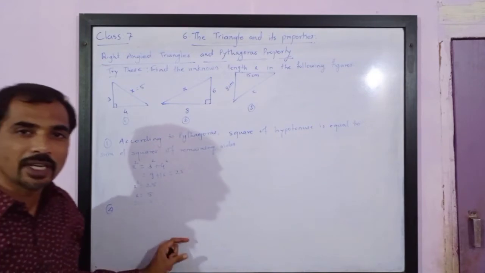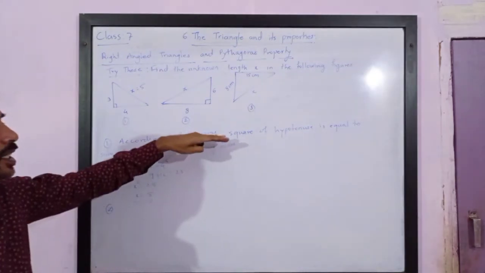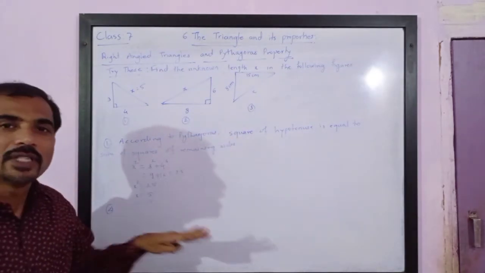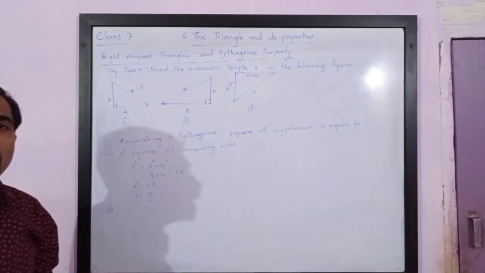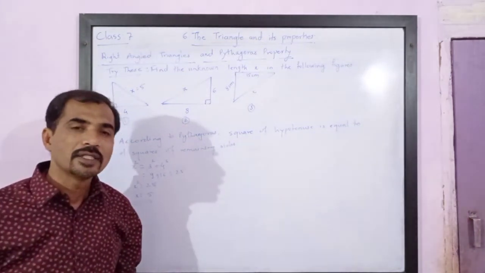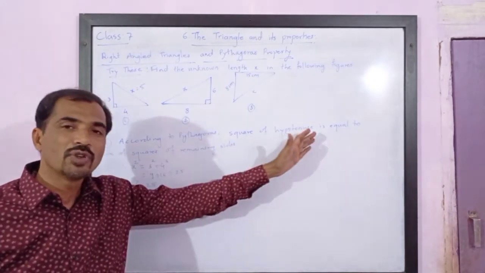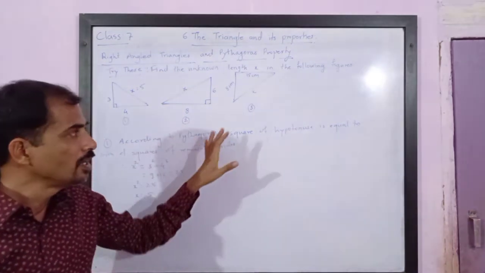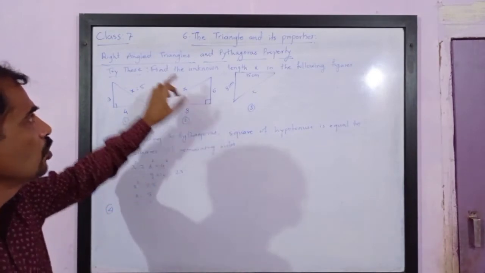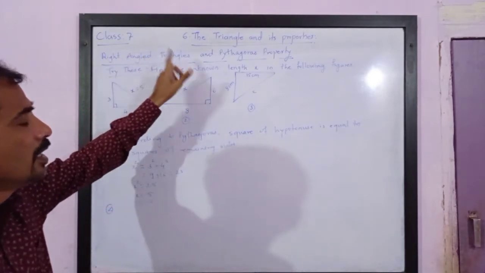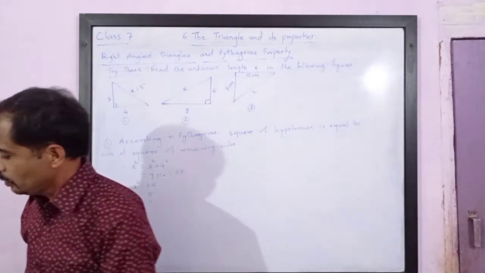This property is learned here in 7th standard, and you have to use it repeatedly in 8th, 9th, 10th standard, and henceforth whenever you study maths. This is always true only with right angled triangles.